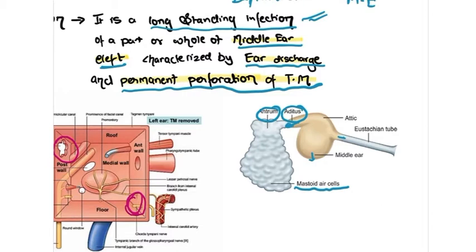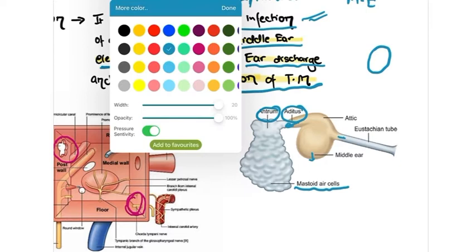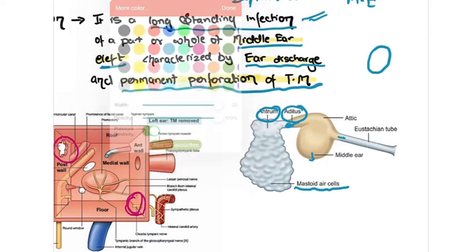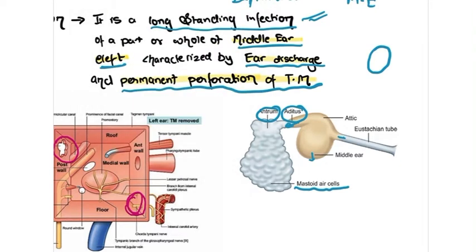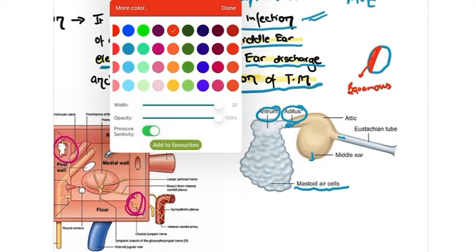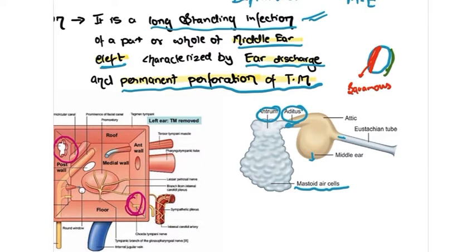Okay, so think this is our tympanic membrane. All right. On the outside, it is lined by squamous epithelium. And on the inside, it is lined by the mucosa which lines the entire middle ear cleft.